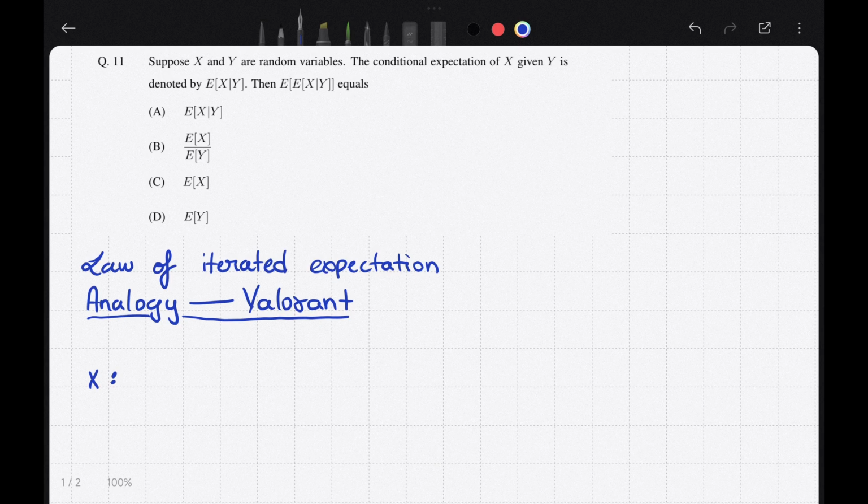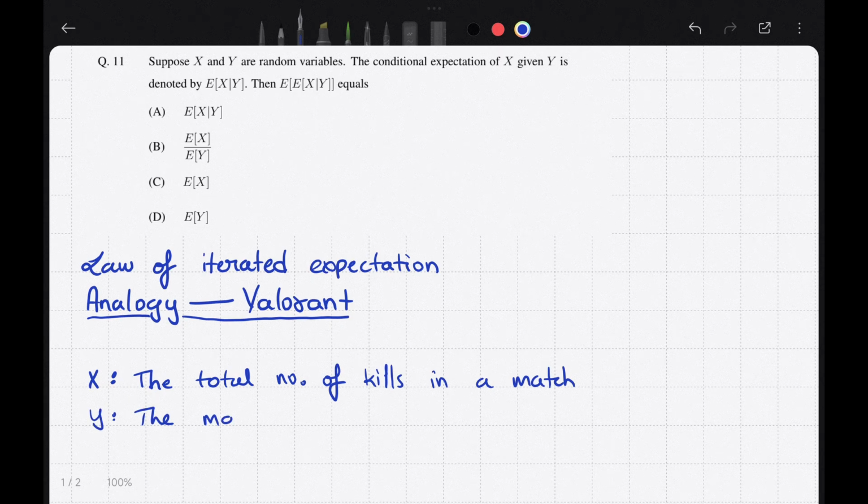Okay, so let's consider X to be the total number of kills in a match, and let's consider Y to be the map.